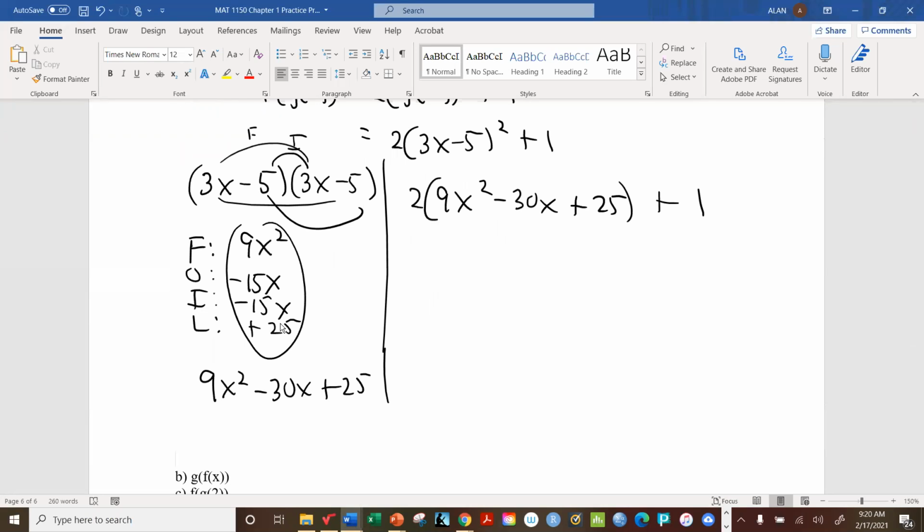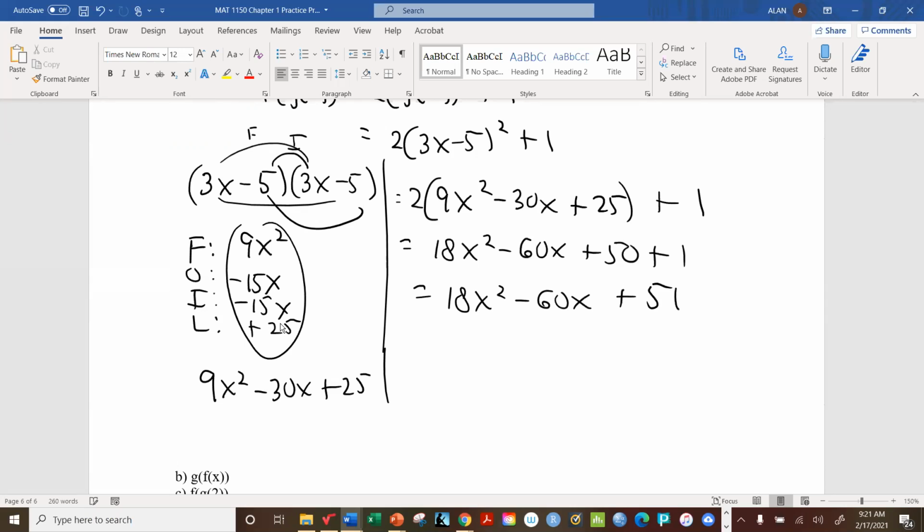And then I'll just multiply it through by the 2 through all of these terms. And then I just have to consolidate the 2 constants. And that's it.